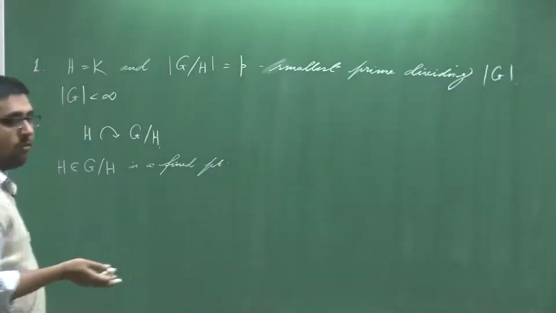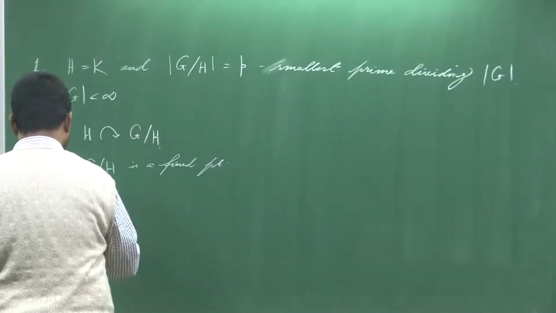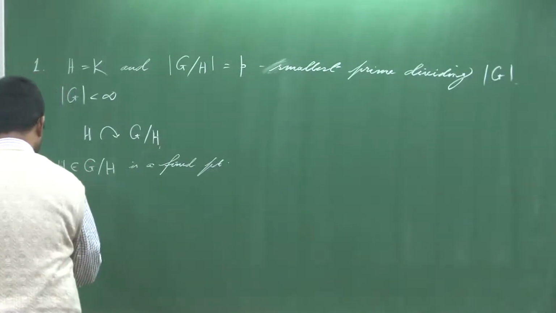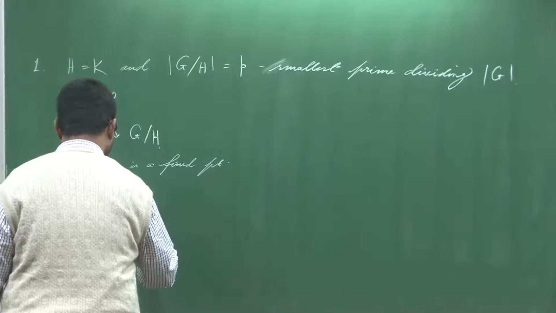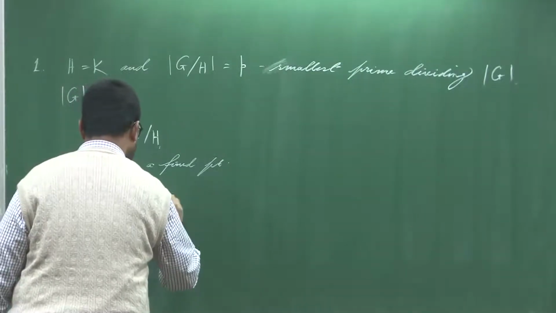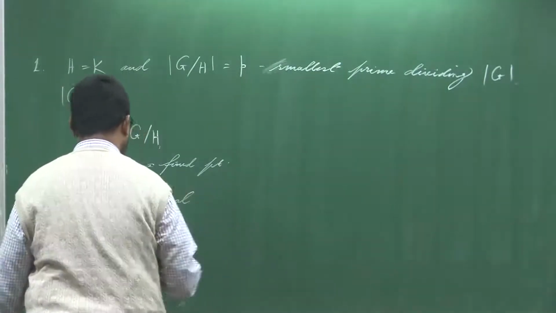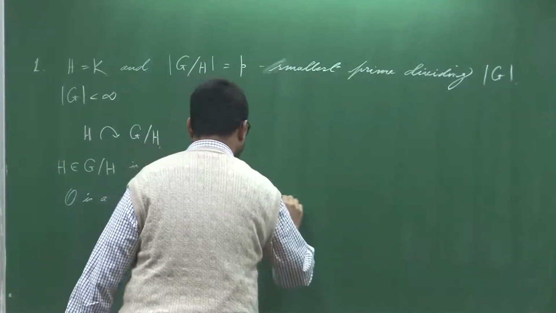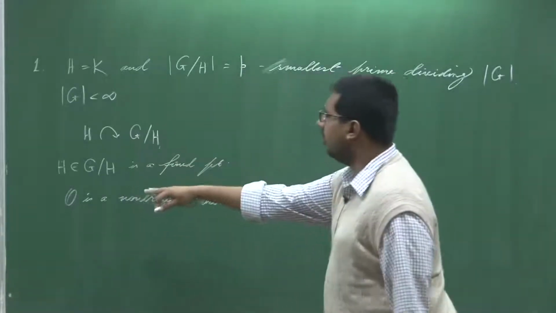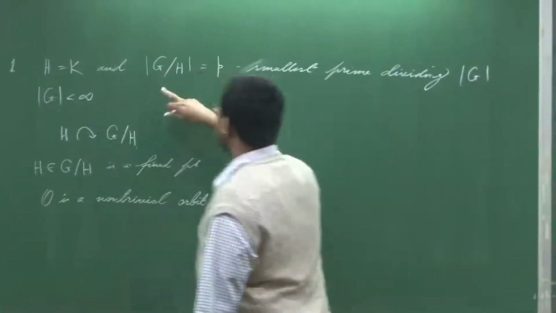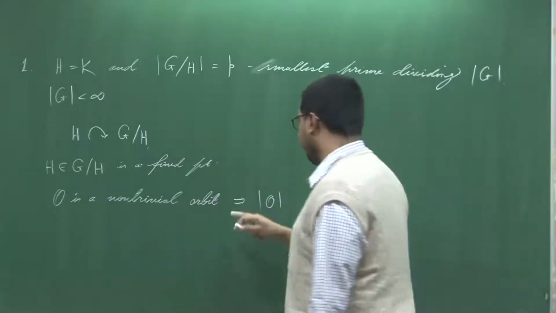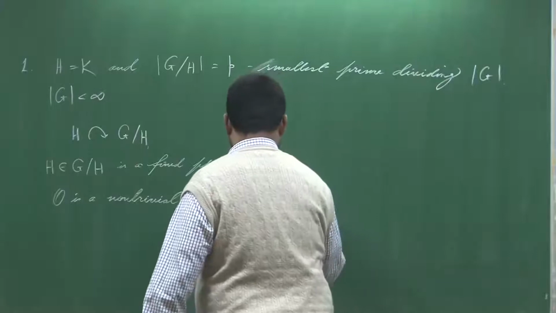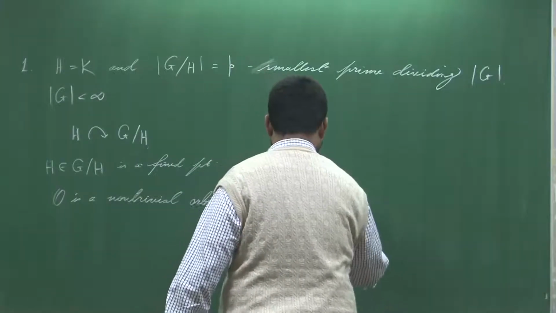Does there exist any non-trivial orbit? Observe that if O is a non-trivial orbit under this action, then the order of O has to be less than p.